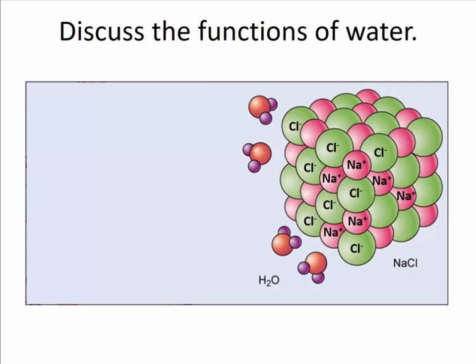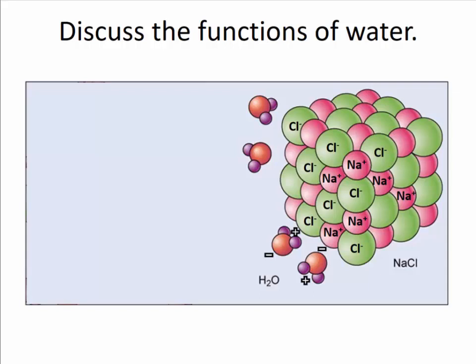And then, if we were to put that into water, as this image is showing here, we have the water with slightly positive and slightly negative sides. What will happen is the slightly positive sides of the water will be attracted to the chloride ions because they're negative. The slightly negative side of the water will be attracted to the positive sodium ions within the crystal.